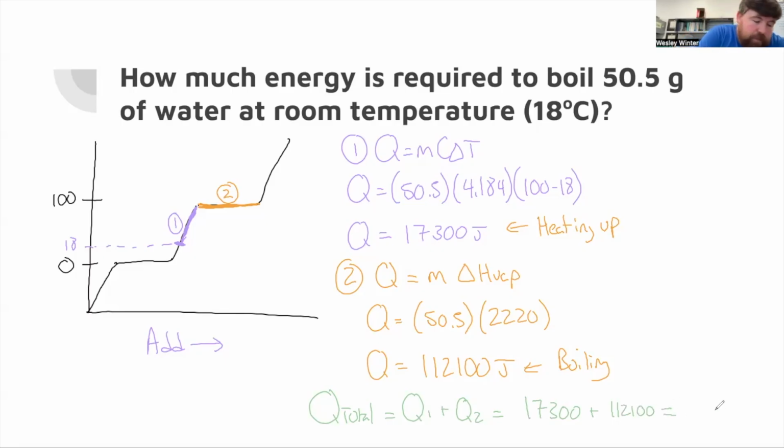Adding these up, I get 129,400 joules. That is the amount of energy that I have to add to heat up liquid water to its boiling point and also boil it. So there's two amounts of energy required for this.